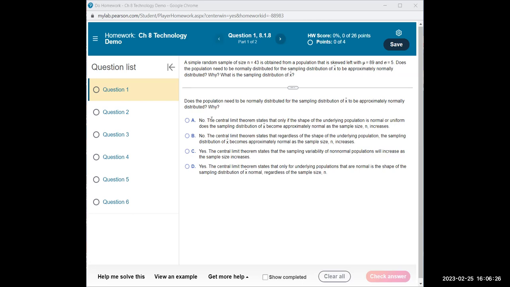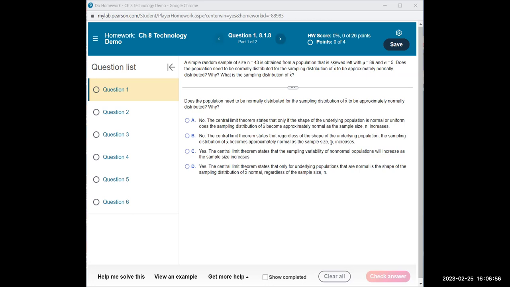But we're going to say no, it didn't, and then we'll see which one of these two reasons. No, because the theorem states that only if the shape of the underlying population is normal or uniform. No, it doesn't say anything about uniform. No, the central limit theorem states that regardless of the shape of the underlying population, the sampling distribution of a bunch of means, the histogram, should be approximately normal as the sample size increases.